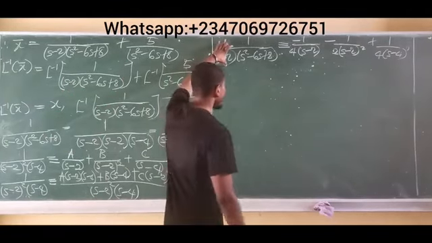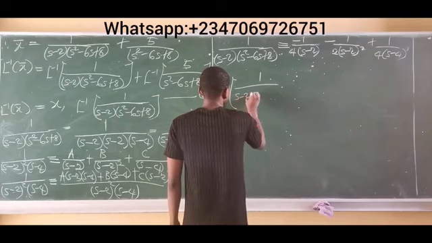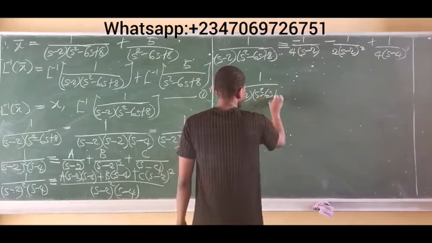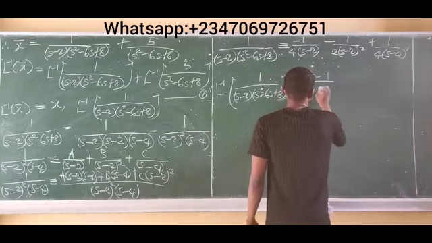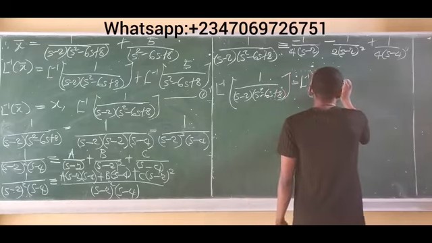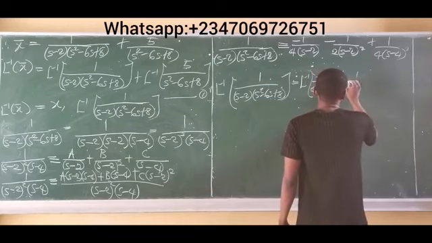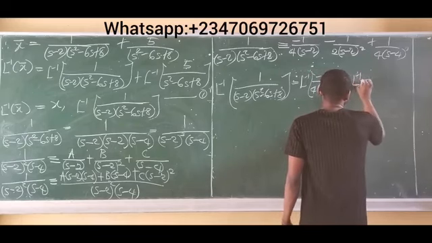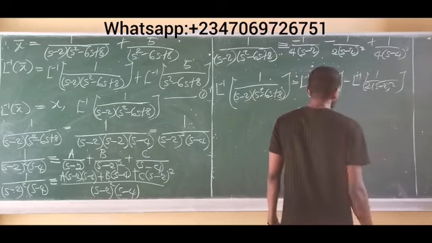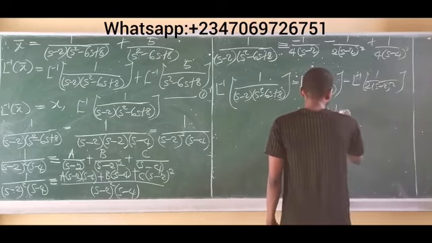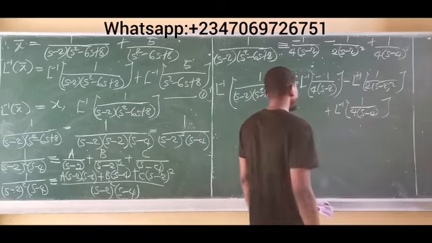Therefore, the Laplace inverse of 1 all over (x minus 2) into (x squared minus 6x plus 8) automatically becomes the Laplace inverse of minus 1 all over 4 into (x minus 2), minus 1 all over 2, you can simply take them individually, minus Laplace inverse of 1 all over 2 into (x minus 2) squared, plus the Laplace inverse of 1 all over 4 into (x minus 4). You can take them individually in this manner.